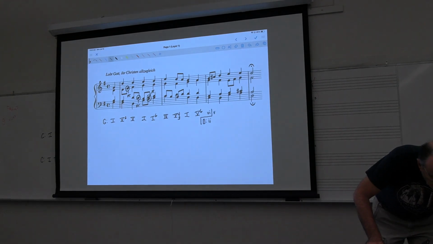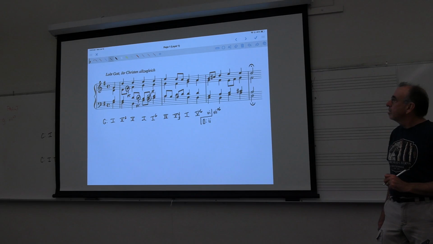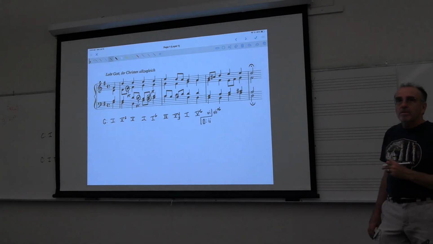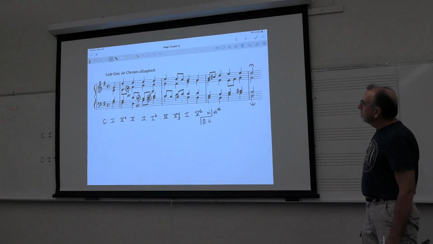Then on the very next 8th note, we have 7 diminished 6. Sorry, it gets a little crowded in there right now. We'll just scrunch the Roman numerals in there as best we can.